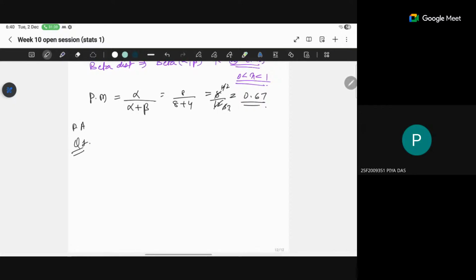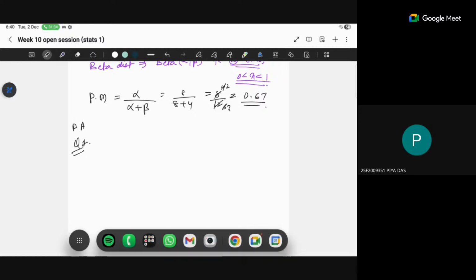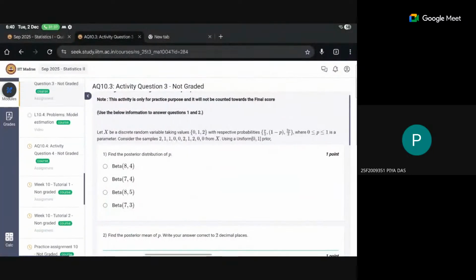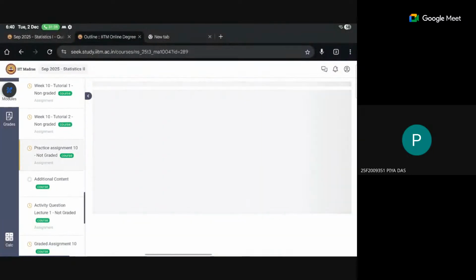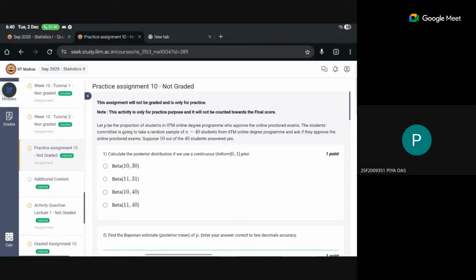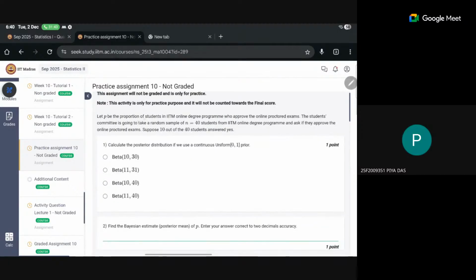Let P be the proportion of students in the IITM online degree program who approve the online proctored exams. The students committee is going to take a random sample of n equals 40 students from the IITM online degree program and ask if they approve the online proctored exams. Suppose 10 out of the 40 students answered yes.